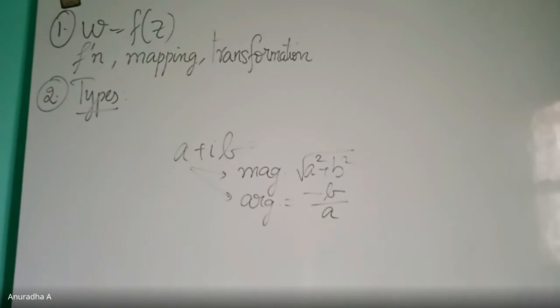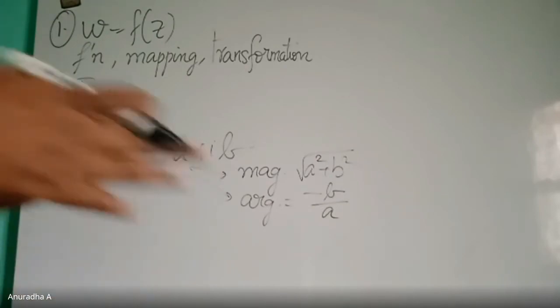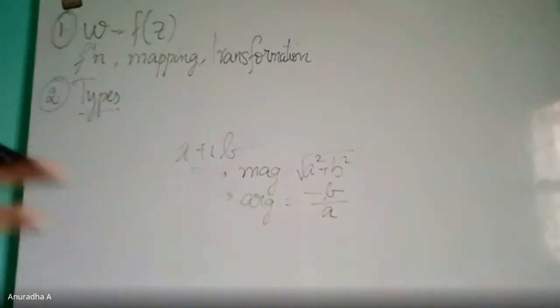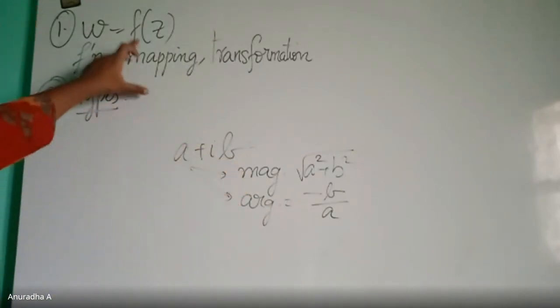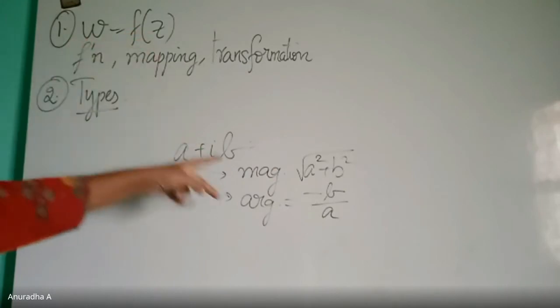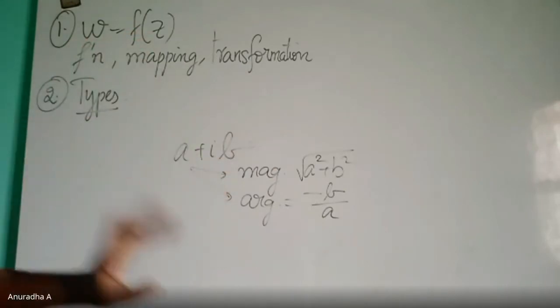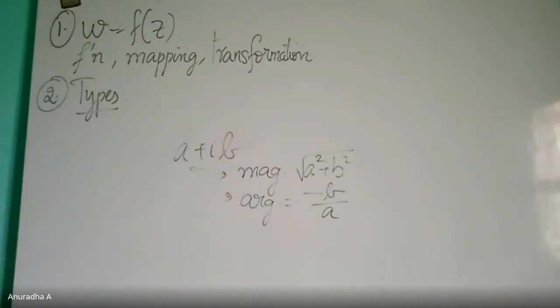Force acting in the same direction, push, pull, all those things. Same way here, what will happen after I apply the function to f of z, whether it changes or not. According to that, there are two types.